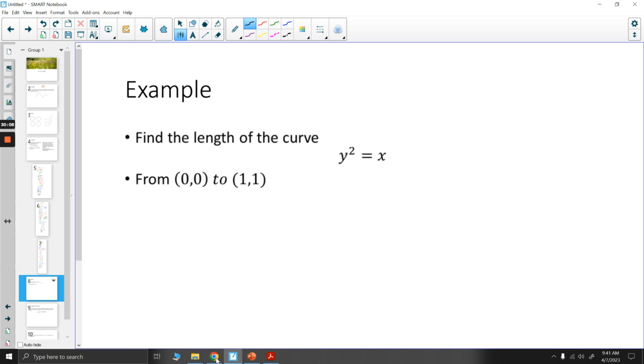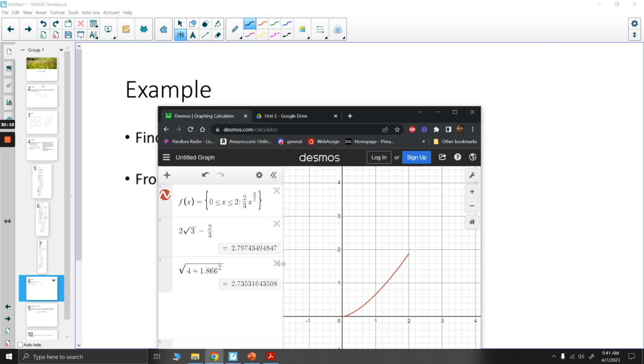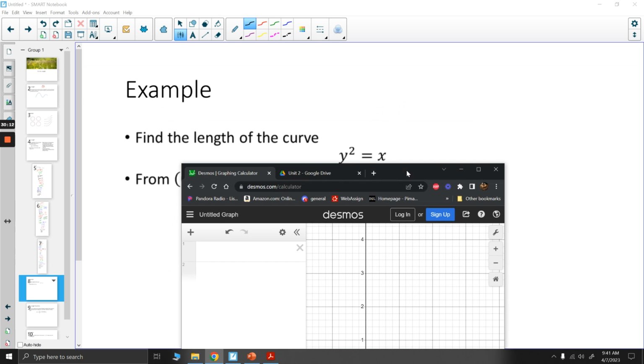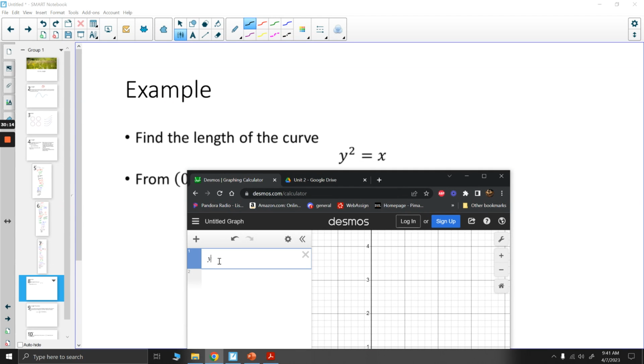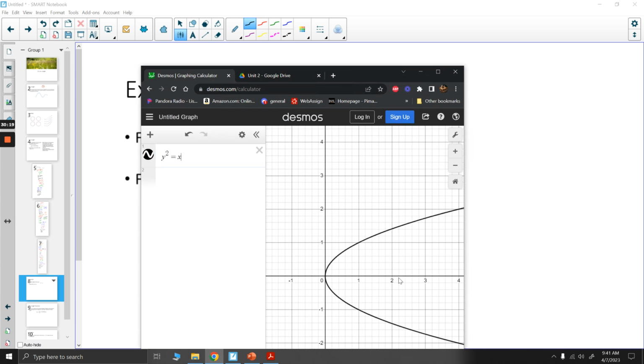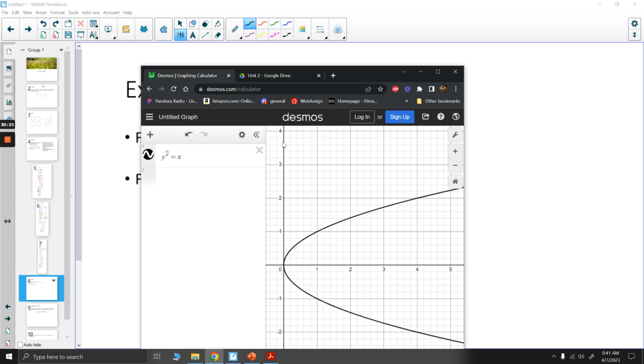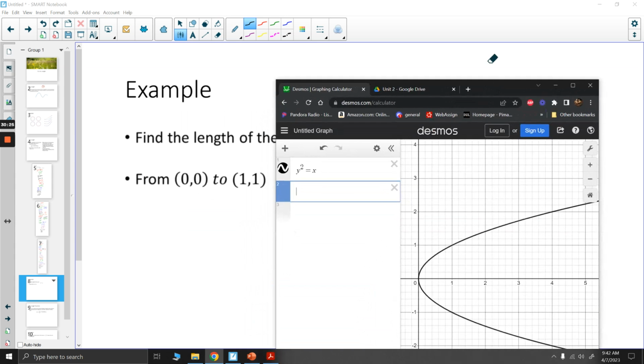Find the length of this curve. So in this case, we have y squared equals x. All right, which is this thing here. Now, if we want to find this curve, it's from (0, 0) to (1, 1).